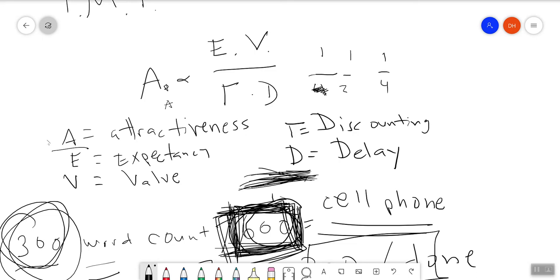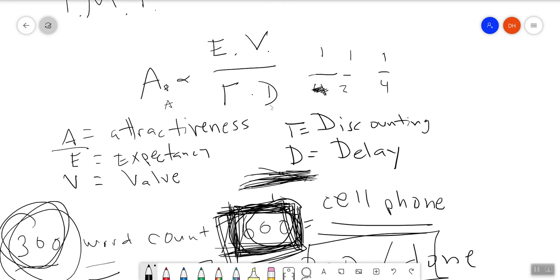I think it's interesting, and I think it's of some value, so I wanted to share it with you. So here, there's attractiveness. E in our formula here in the numerator is expectancy, V here is value, and then in our denominator we have gamma is discounting, and then D is delay.